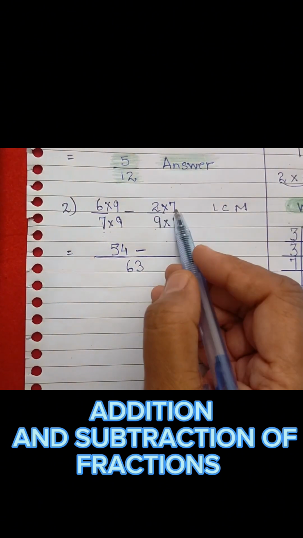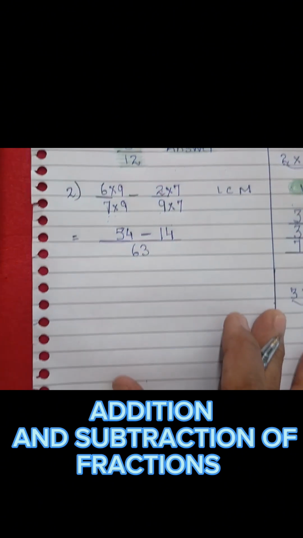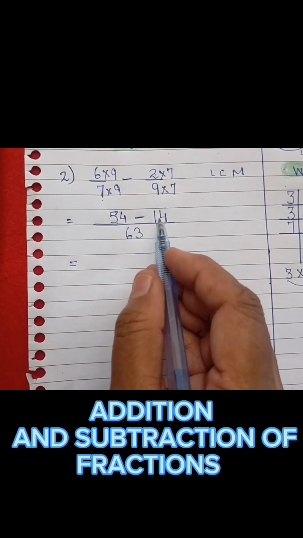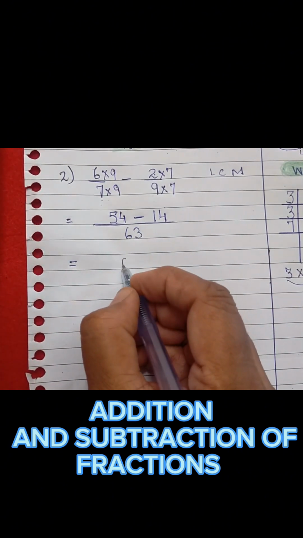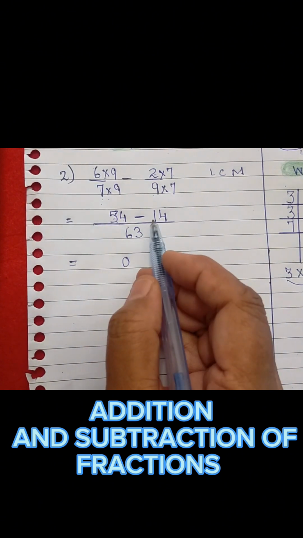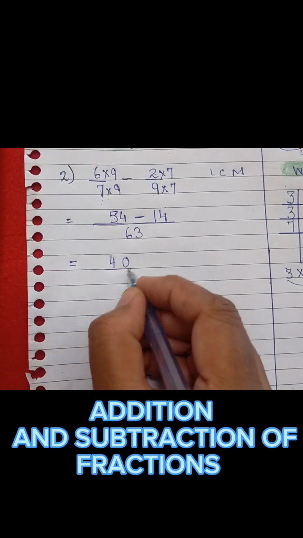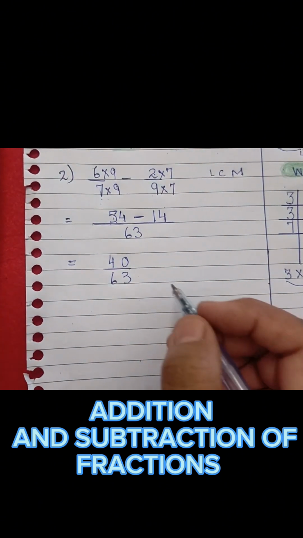I multiply these two figures. 2 sevens are 14. Put an equal sign here. 54 minus 14. Alright, these two ones, 4 and 4 gives me a 0. 5 minus 1 gives me a 4 upon 63. This is my answer.